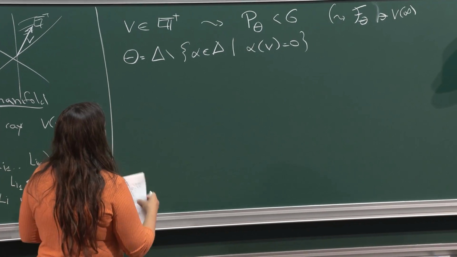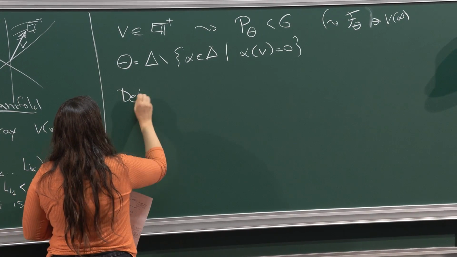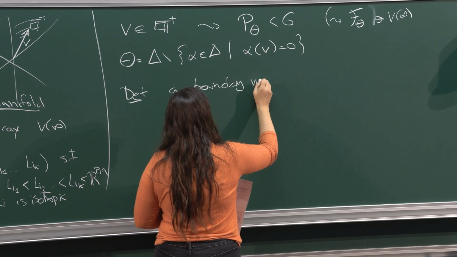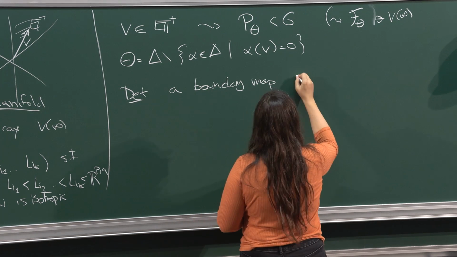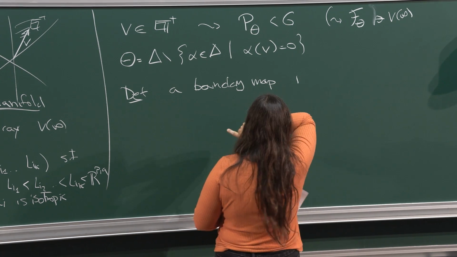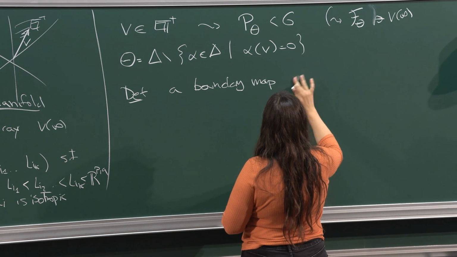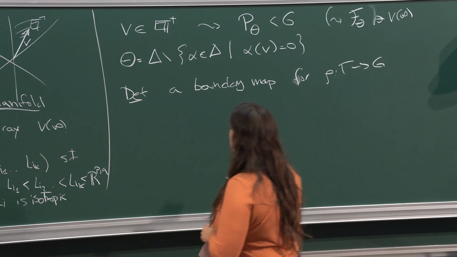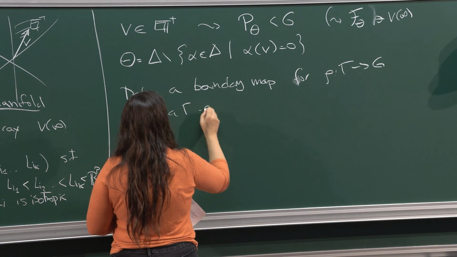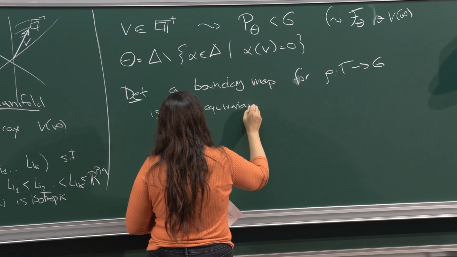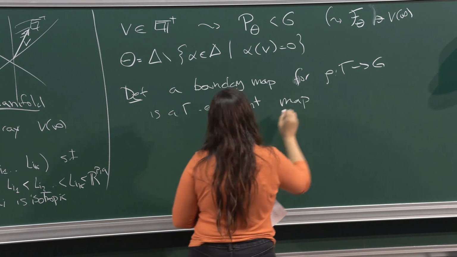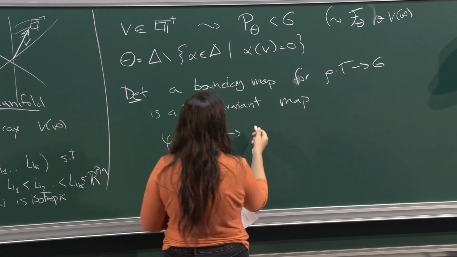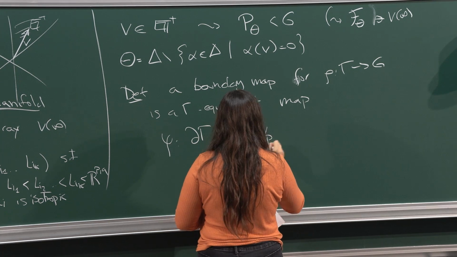Okay, I want to look at the definition of boundary map. A boundary map for a representation rho from gamma to G is a gamma-equivariant map phi from the boundary of gamma to G mod P theta.